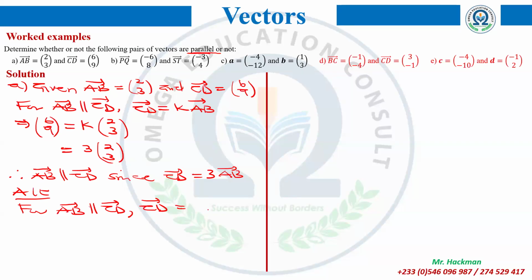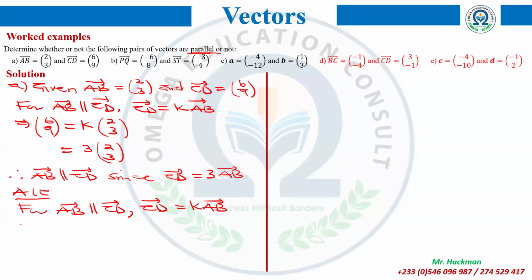Vector CD should be equal to a small k times the vector AB. Don't forget your arrows on top. Whatever you form here, we are dealing with equality of vectors. This vector is equal to this vector. Do you agree? So now we are dealing with equality of vectors, and we are going to look at it from the equality of vector perspective that we just came from.